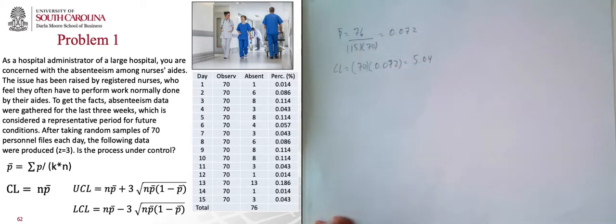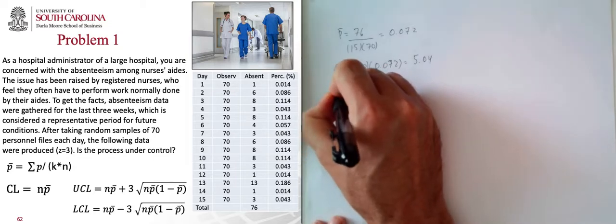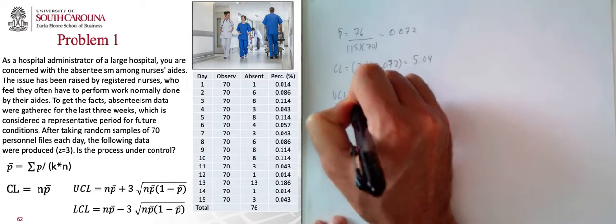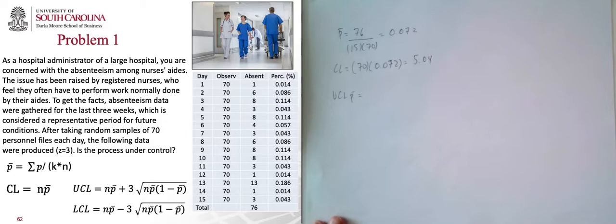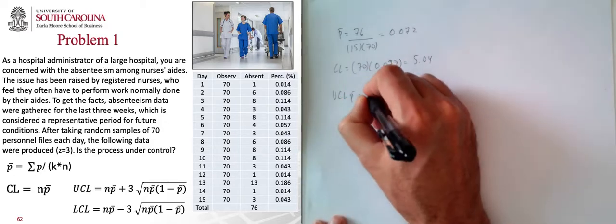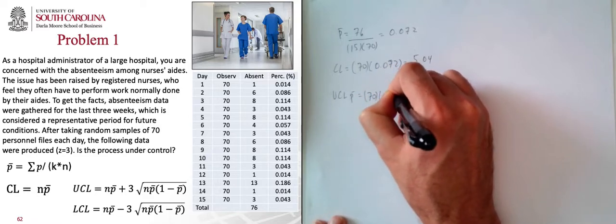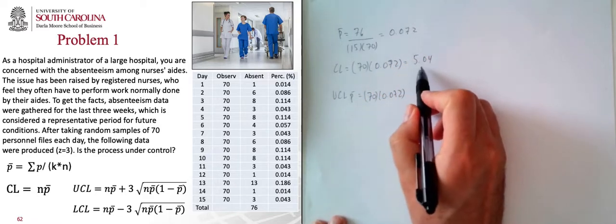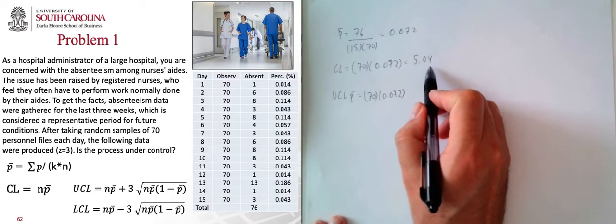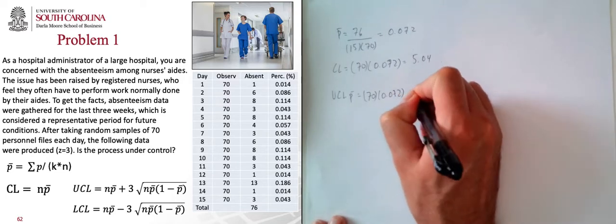And then we go to our upper control limit for NP. So N is 70 times 0.072, which is the same as this 5.04, that central line, right?